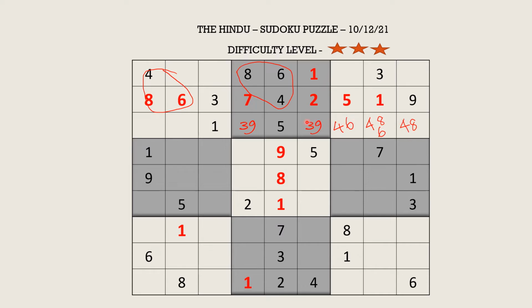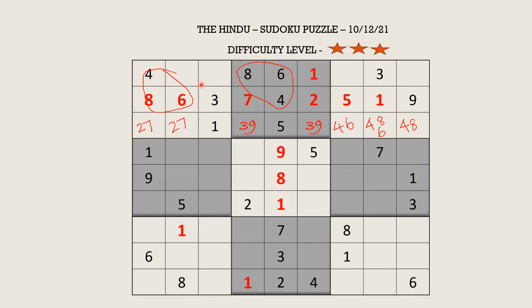That leaves this row with 2 empty cells. So the missing numbers are 2 and 7. So let's fill it with 2 and 7. That leaves two empty cells in this block.